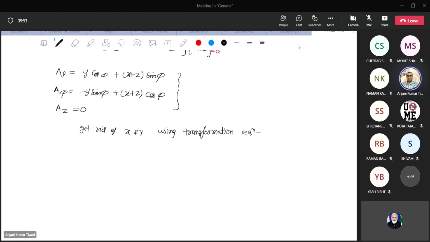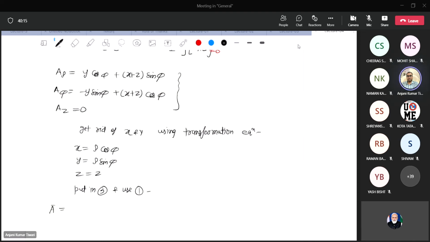using the transformation equation. And what is the transformation equation in cylindrical coordinate? Well, x equal to rho cos phi, y equal to rho sin phi, and of course z is equal to z. So again do the same thing, put in equation 3 and use equation number 1.